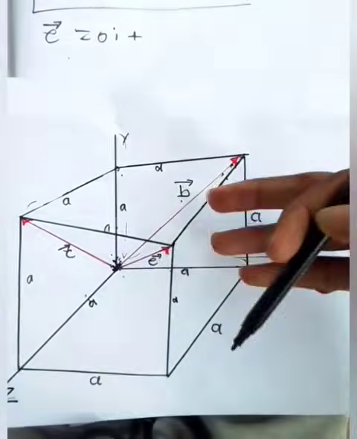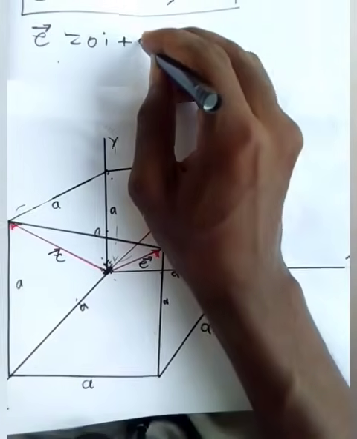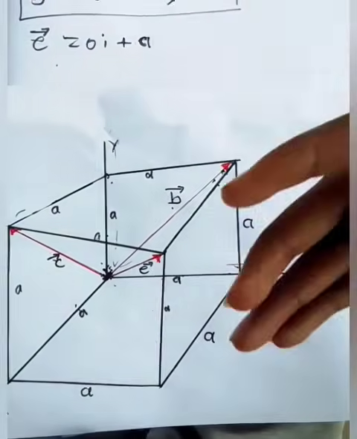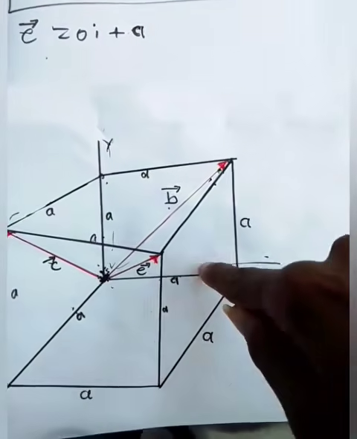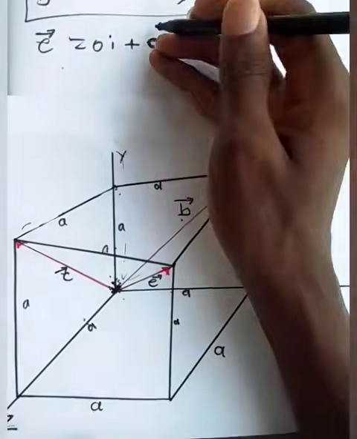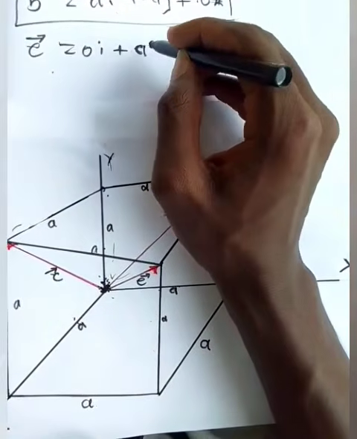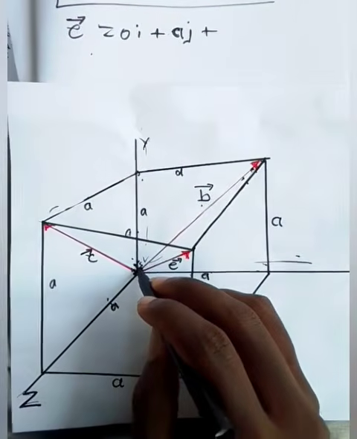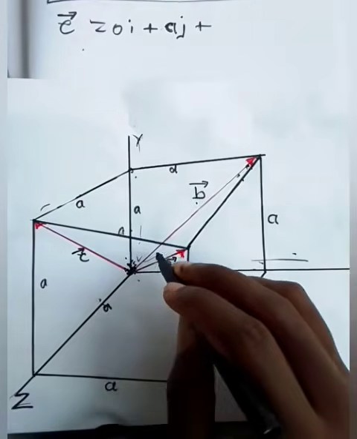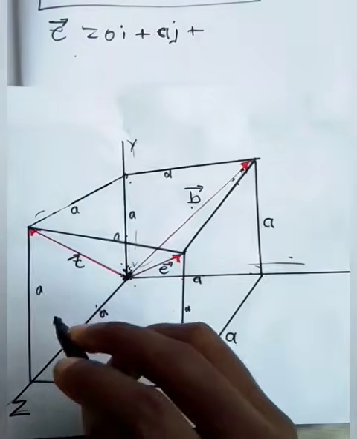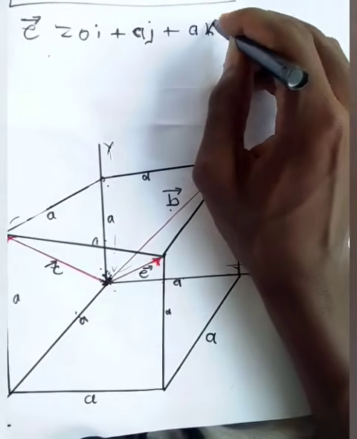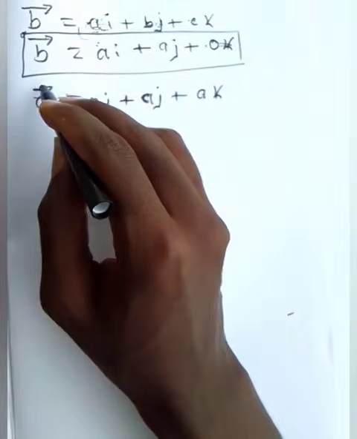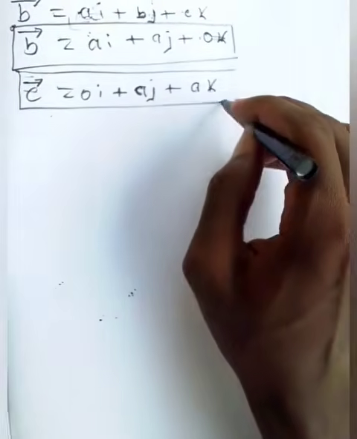Since all the sides are the same, I'll still put A. A is simply representing the dimension, which is the same everywhere. So this is the component in the y, and I'll put j. How about in the z? Of course, it has utilized this distance here. So I'll put a k. You see? So we have vector B and vector C.